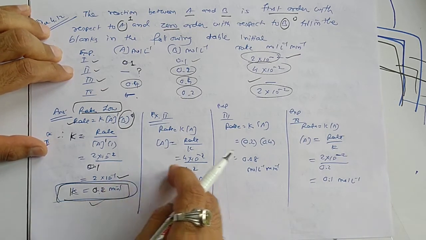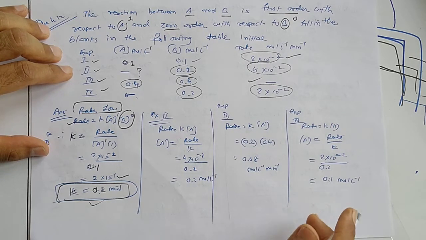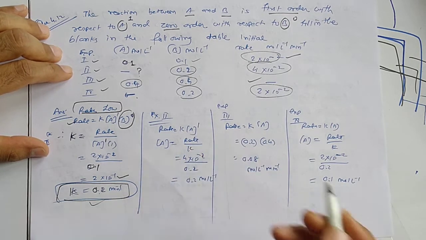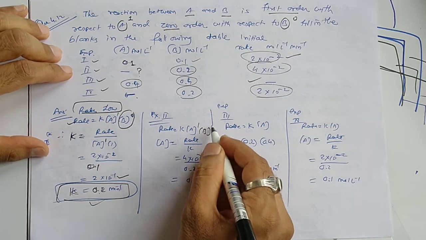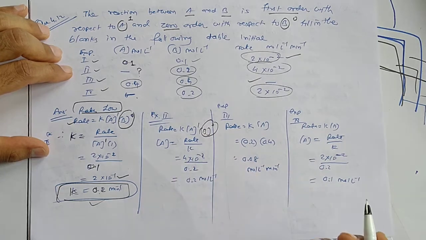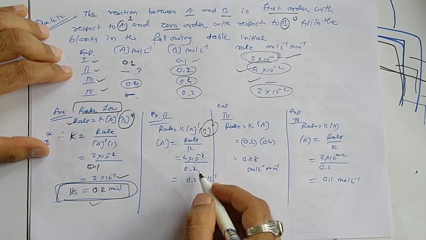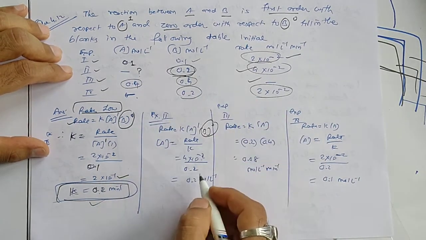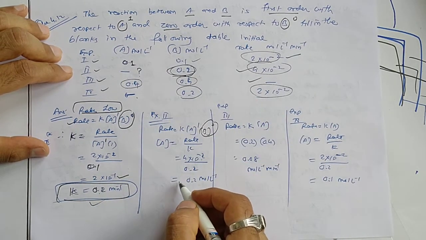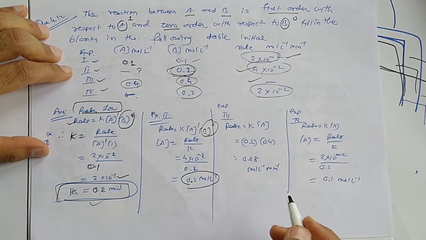Whenever the temperature is constant, k remains constant in all the experiments. Rate equals k[A]^1. B is not taken, since it is 0. So [A] equals rate upon k. So 4 × 10^-2, where the rate is given, over 0.2, then [A] will be 0.2 mol per liter.